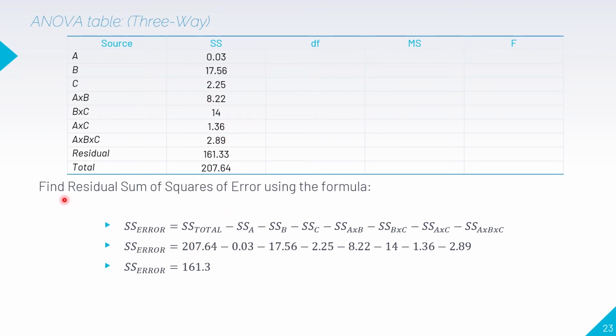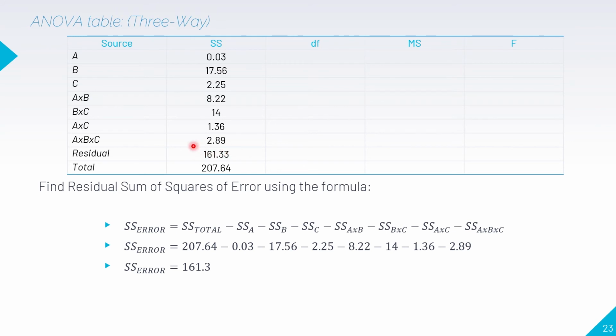In finding the residual sum of squares of error, the formula is SS error equals SS total minus SSA minus SSB minus SSC minus SSA by B minus SSB by C minus SSA by C, and minus SSA by B by C. So let's subtract all of these from our total in order to find this residual.